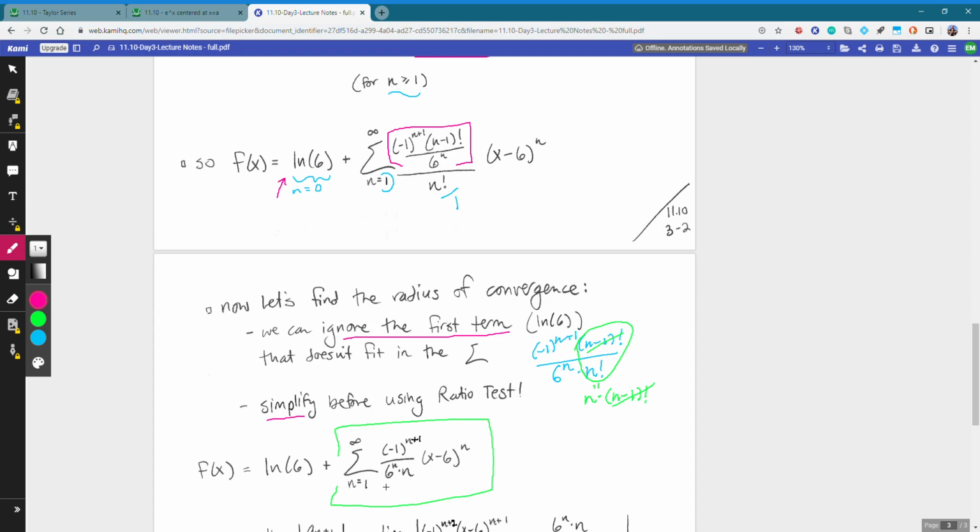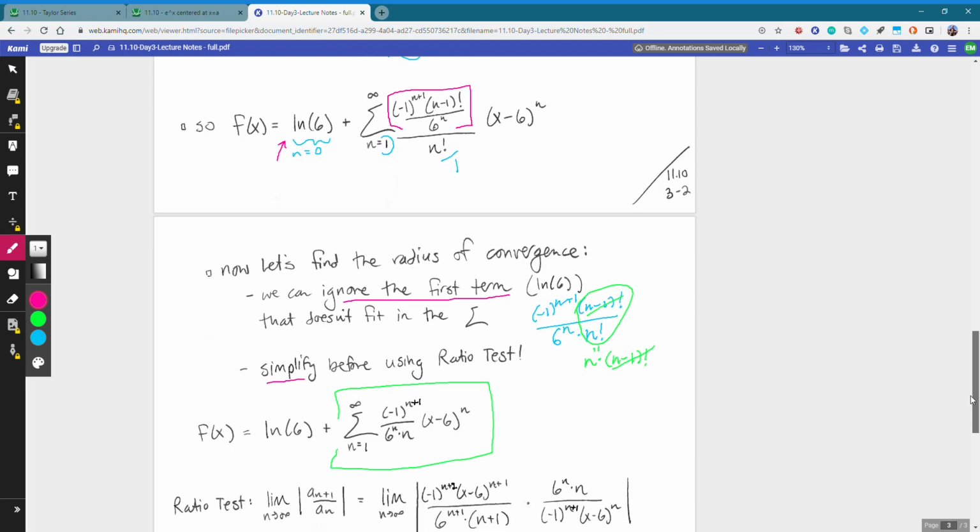And so in terms of the ratio test, we're looking at the absolute value of the ratio of successive terms. It's this stuff that we're adding up, this is our a_n for the purpose of the ratio test.